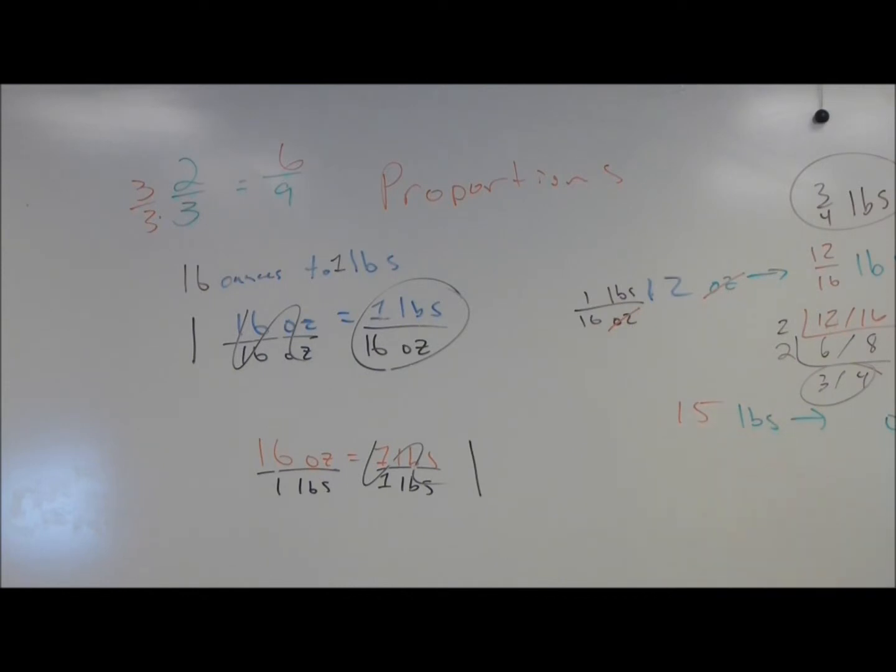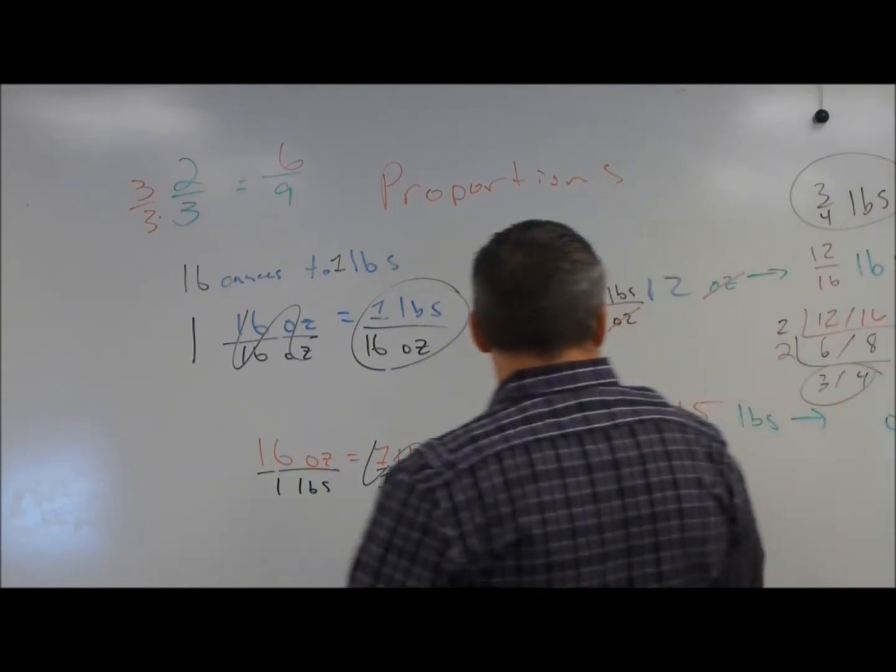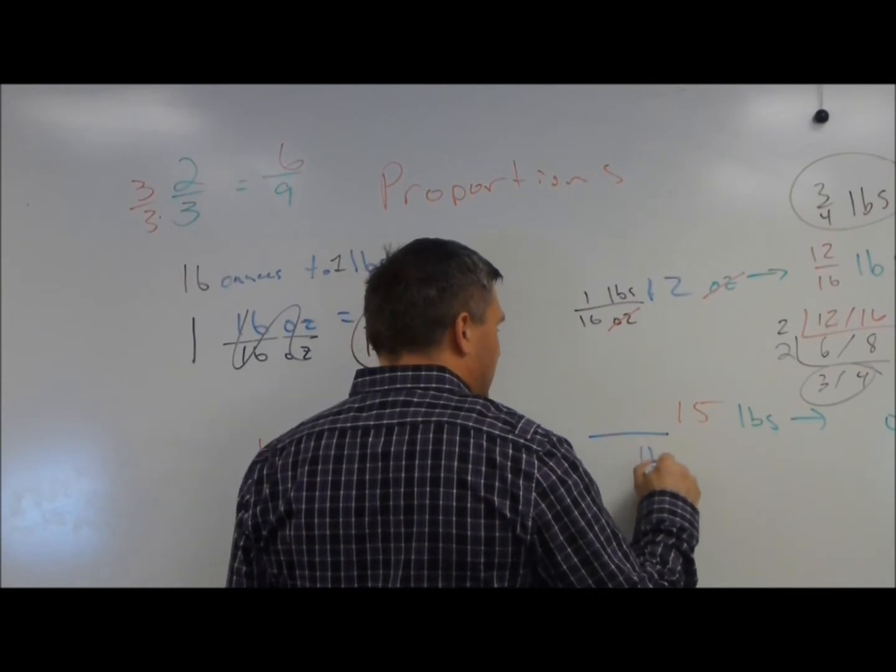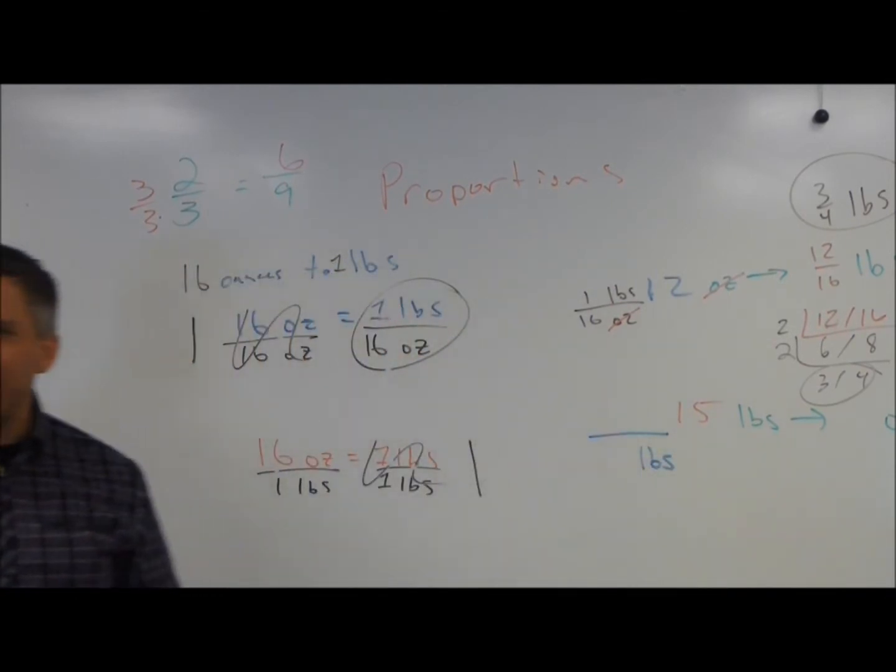But when I change pounds to ounces, what do I want to get rid of? I want to get rid of the pounds. So to change the pounds, I got to have them on the bottom.